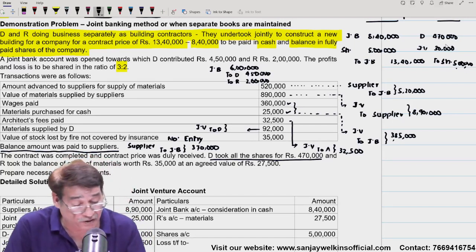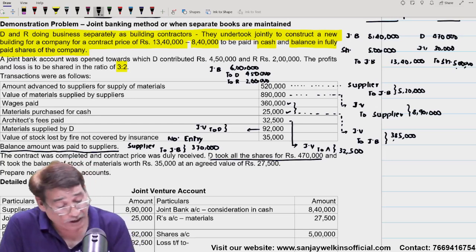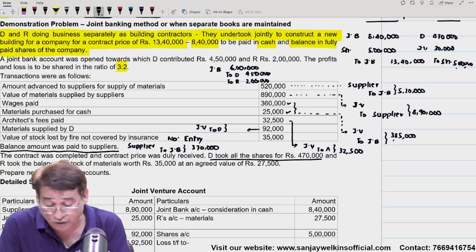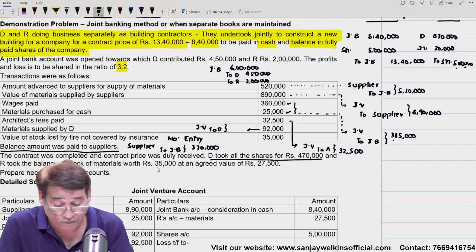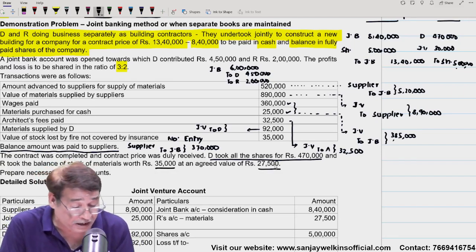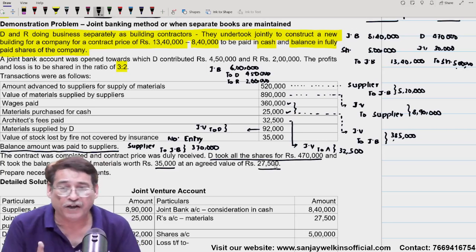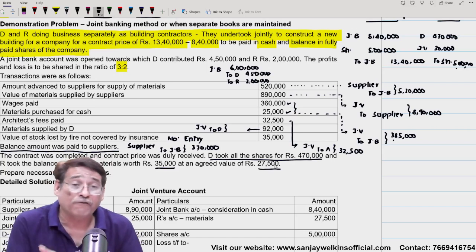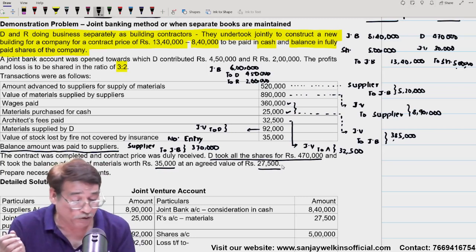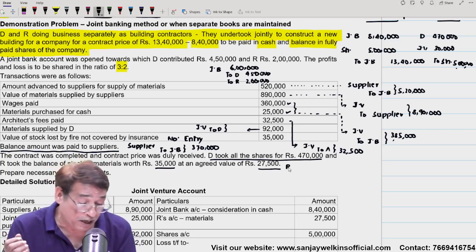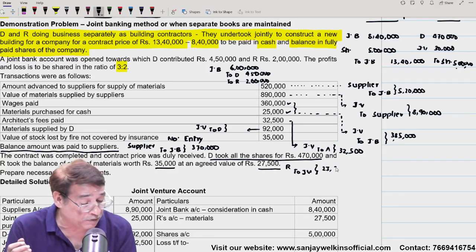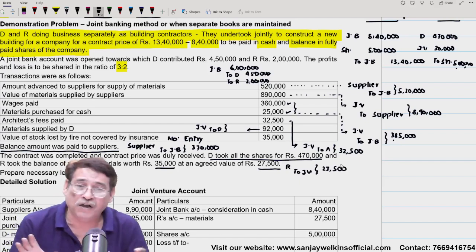So this is the entry you are going to pass. And then it is written that R took the balance of the stock of material for rupees 35,000 at an agreed value of 27,500. It is important at what value material is being taken over. So your entry will be R account debit to joint venture account, 27,500. Is it clear to you or not?